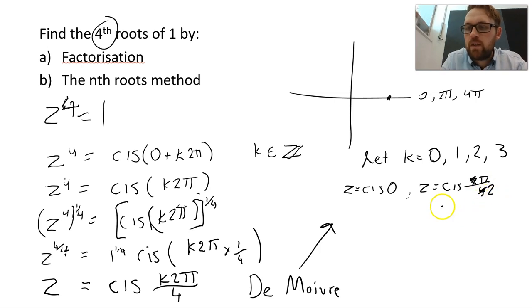The next is going to be z equals cis of, substitute 2 in for k, so 2 times 2 is 4 pi over 4, which is just pi, cis of pi. And finally, z equals cis of 3 times 2, so 6 pi on 4, which is the same as 3 pi on 2.